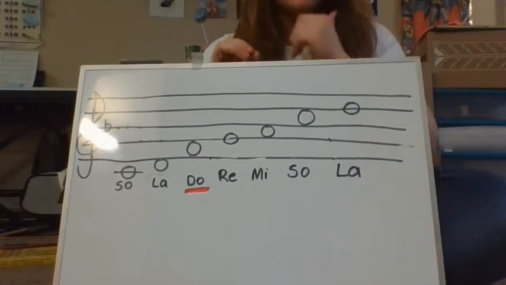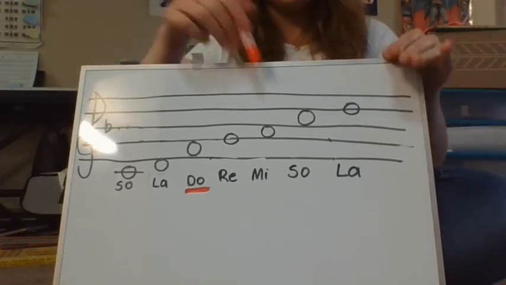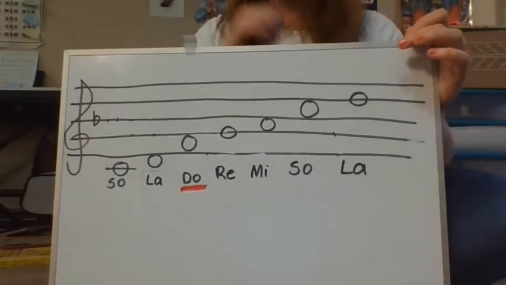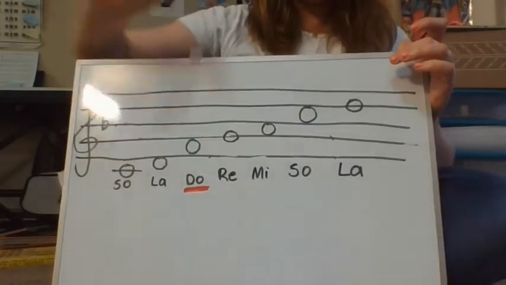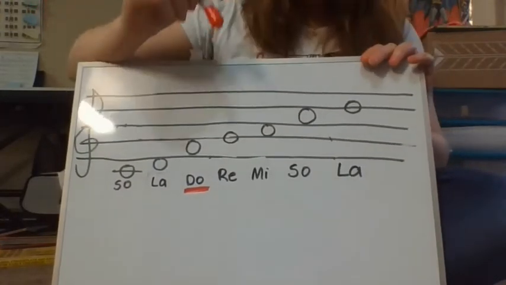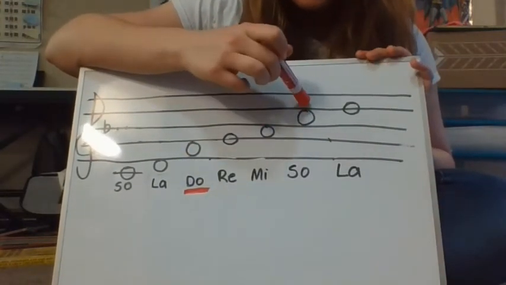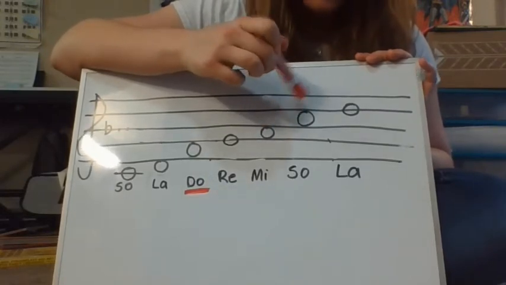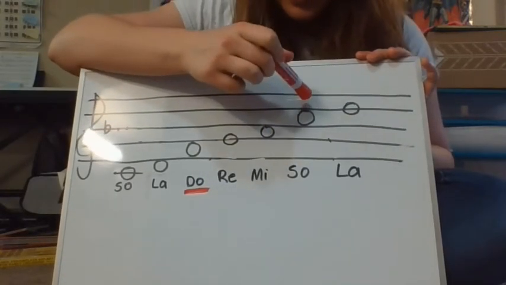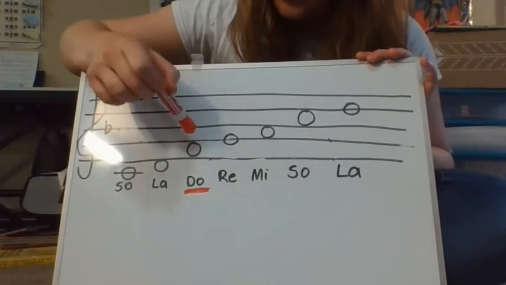Now I'm going to sing part 2 of Turn the Glasses Over, and just like with part 1, I'll point to the notes as I sing them. This time I'm adding the lyrics and the rhythm. Here we go. Sailing east, sailing west, sailing o'er the ocean.